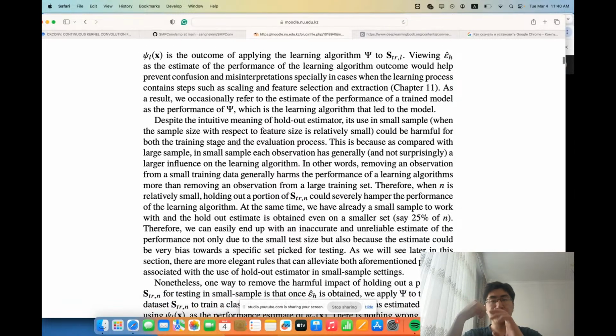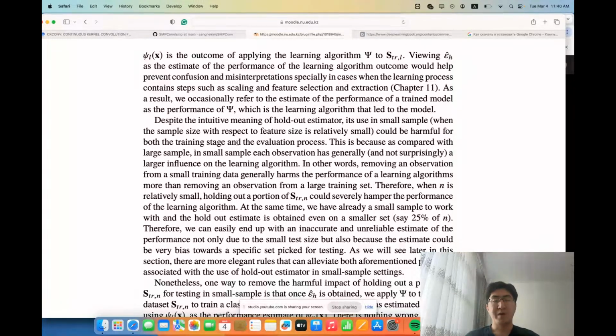Despite the intuitive meaning of the holdout estimator, its use in a small sample size with respect to feature size could be harmful for both the training stage and the evaluation process.